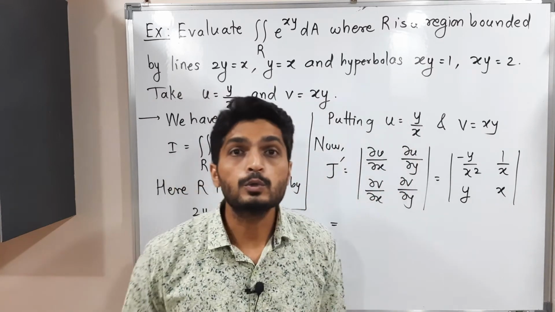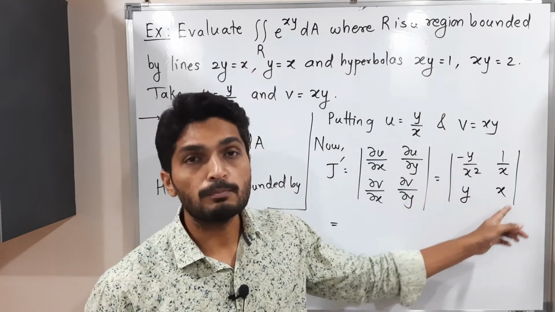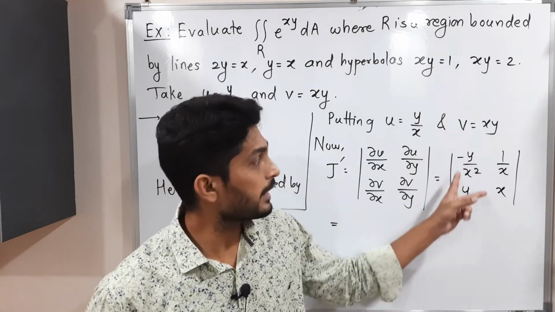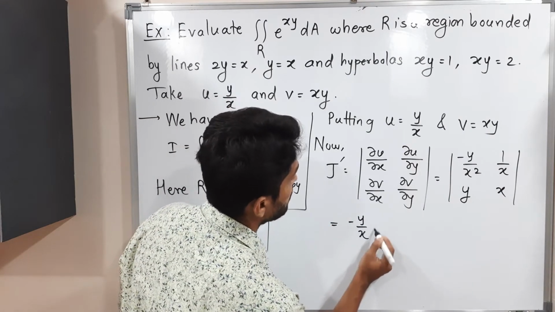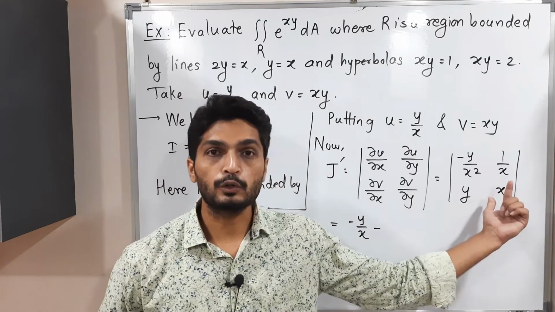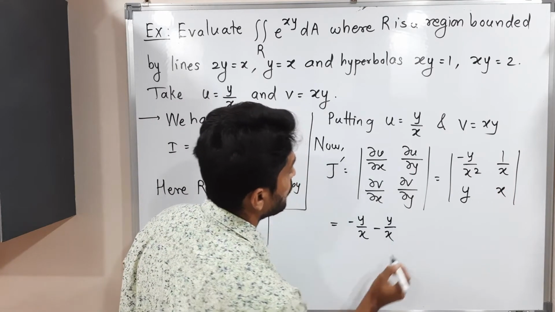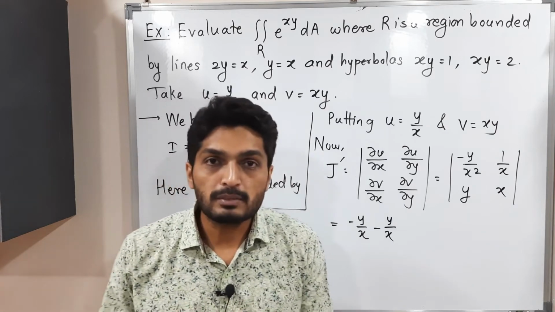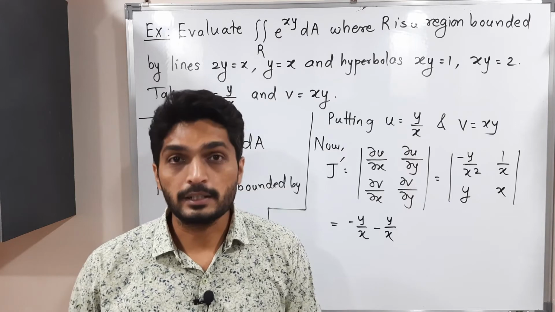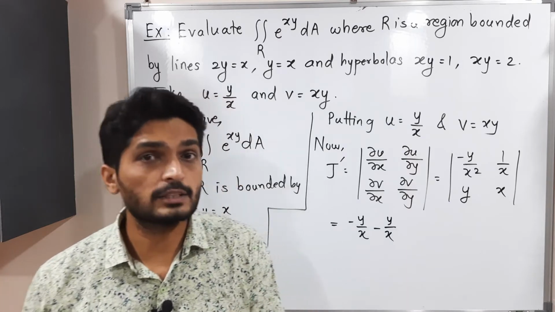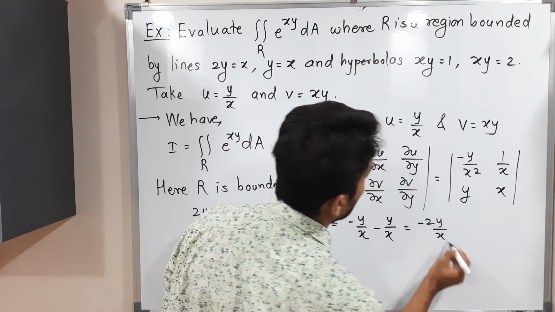You know well how to solve a determinant of order 2: product of these two minus product of these two. When we take the product, 1 by x times x gets cancelled and we have minus y by x, minus the product of these two, y into 1 by x, that is y by x. Both have the same denominator x, so we can add numerators: minus y plus minus y gives total minus 2y by x.